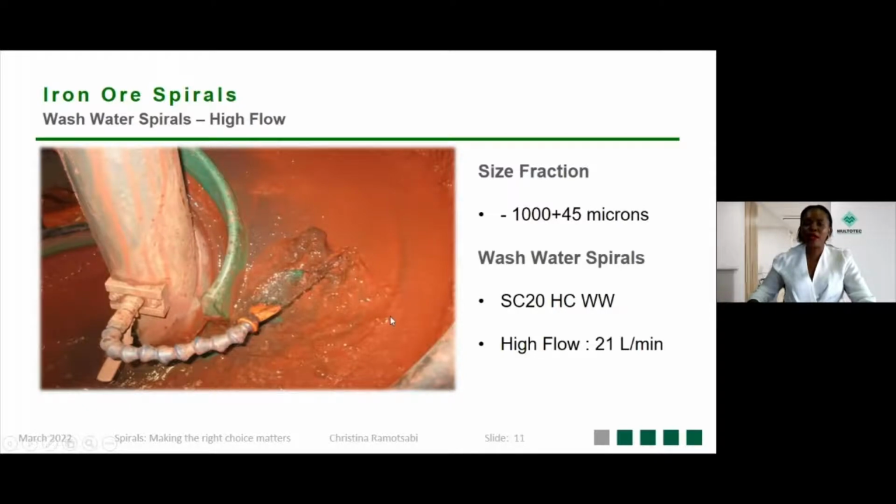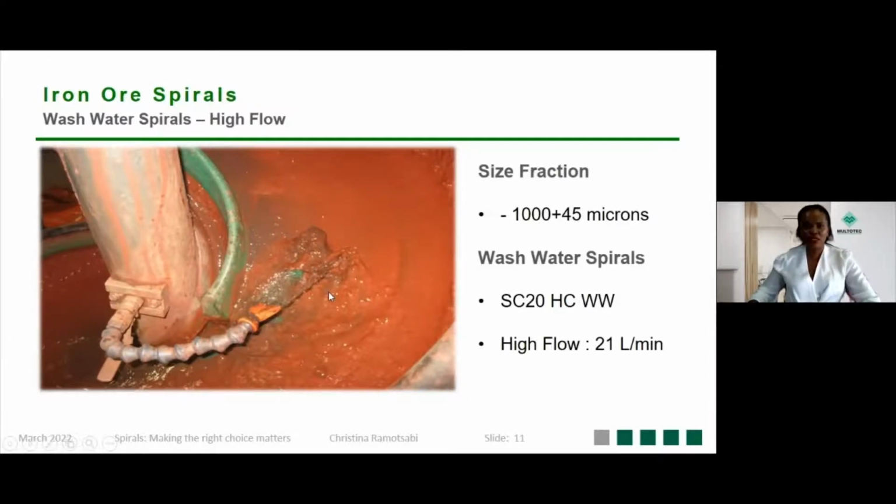Number two, if we don't have wash waters, the coarse silicates tend to behave like heavy material, and they would come closer to the center column here, where you're supposed to only have clean iron, and they will contaminate that stream. However, applying the wash waters helps to wash away these coarse silicates and therefore enhance grade.